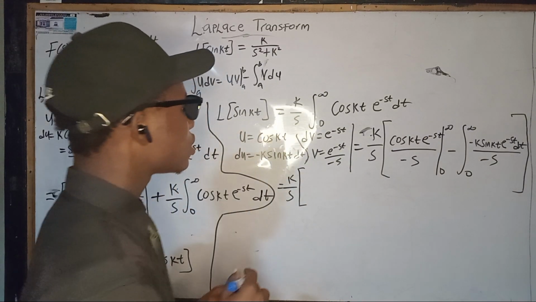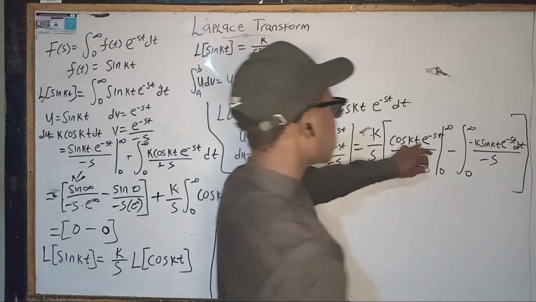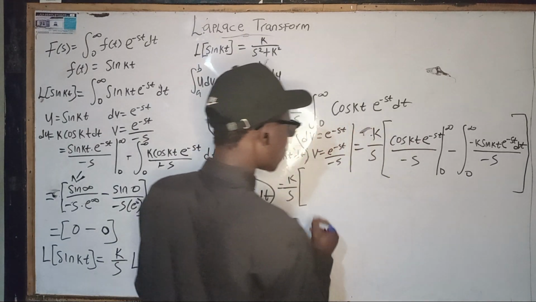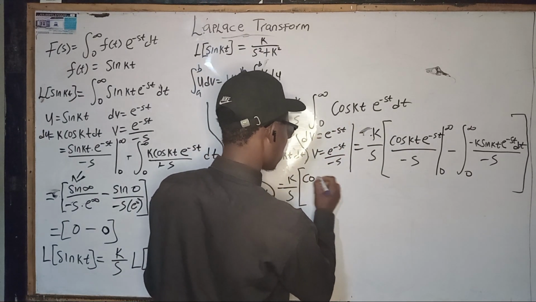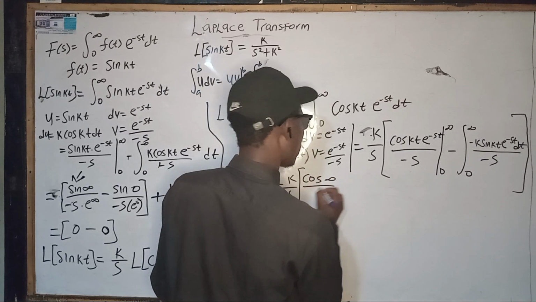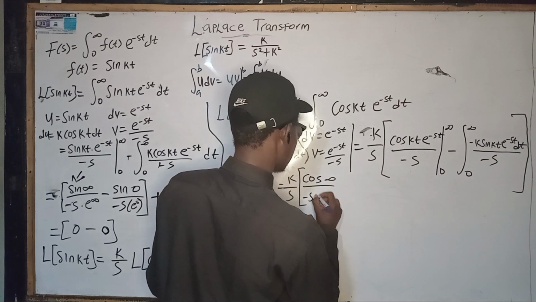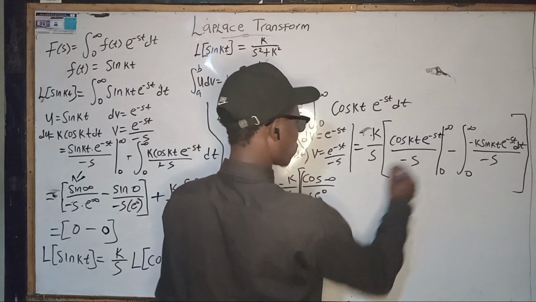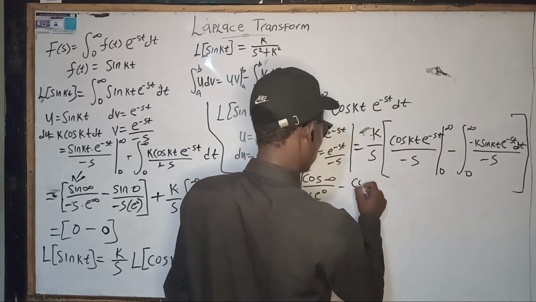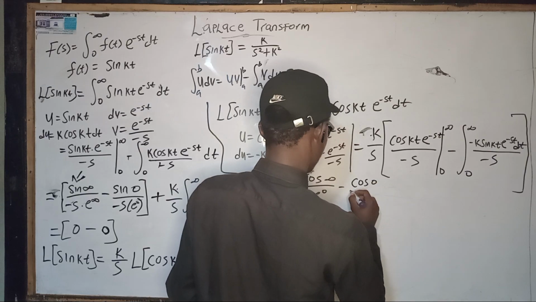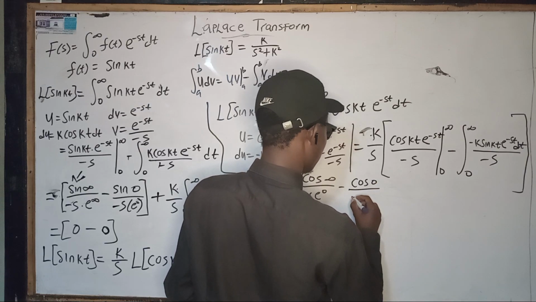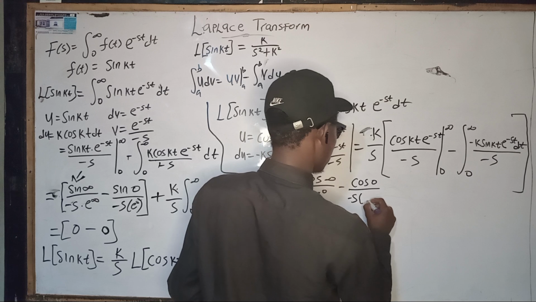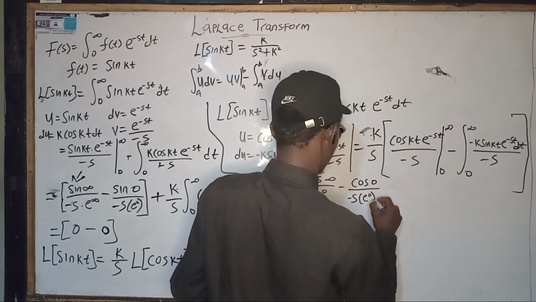Let's take a little bit of time. If we put infinity here, we are going to be having cos infinity over minus s times e raised power infinity, that is on this one here, minus cos 0 over minus s times e raised power 0.